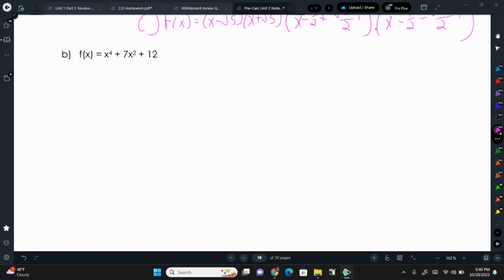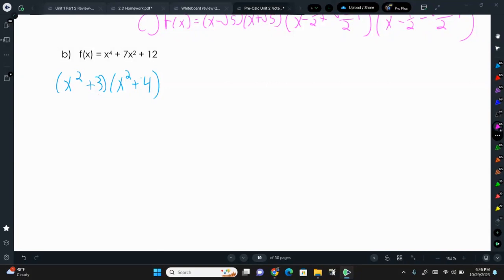You can factor this in quadratic form as x squared plus 3 times x squared plus 4. Now both of these cannot be factored any further using rational numbers. So if you were asked to write it as irreducible over the rationals, this would be your answer.